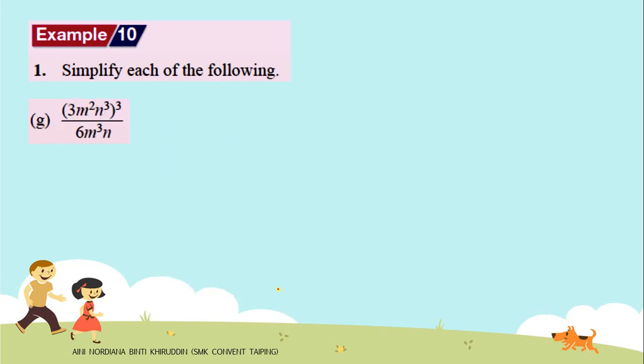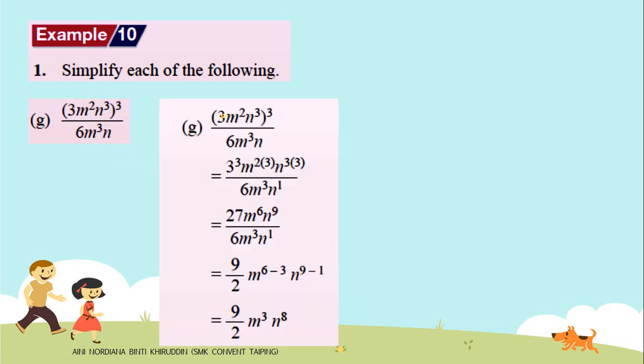F. Okay, G. Only the numerator has a bracket. So just solve for the numerator here. The denominator here remains unchanged. So 3 cubed equals 27. m, 3 times 2 equals 6. 3 times 3 equals 9.